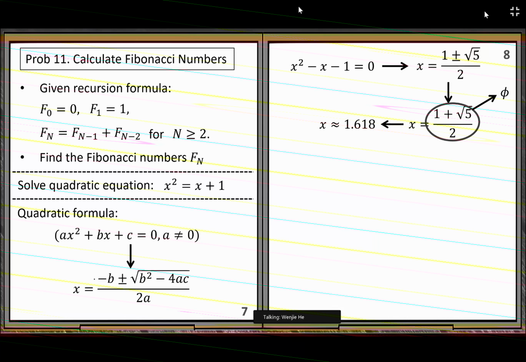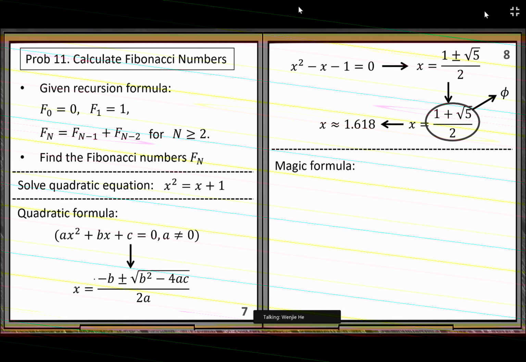Pi is an important constant, and people use the Greek letter pi to represent that famous constant. Here is another one, not as important as pi, because pi is used a lot, but the golden ratio is also used as a special constant.